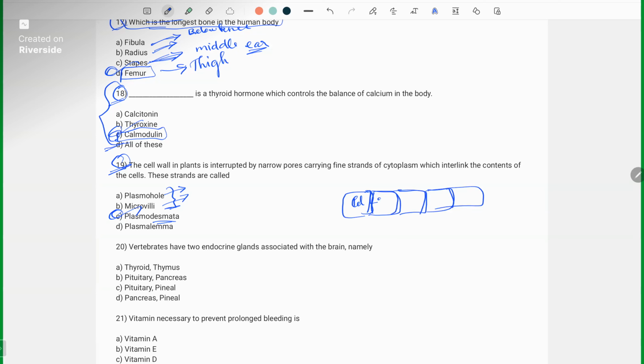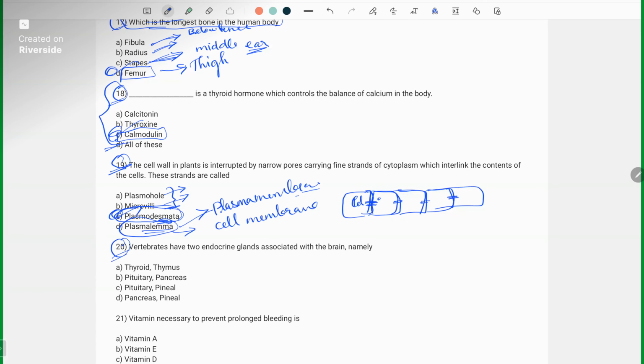Appa they'll have certain connecting way between each. Okay, and that is called plasmodesmata. And plasma lemma na enna cell membrane plasma lemma da. Plasma membrane or cell membrane or plasma lemma, all are same.